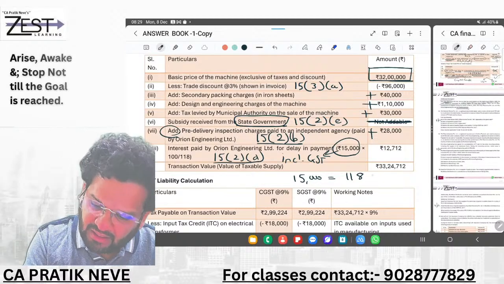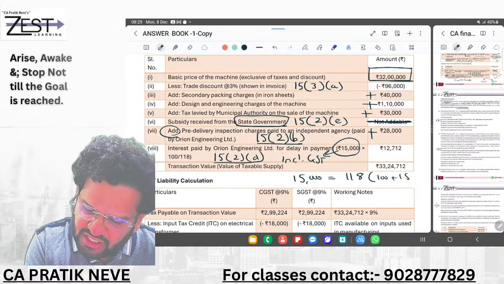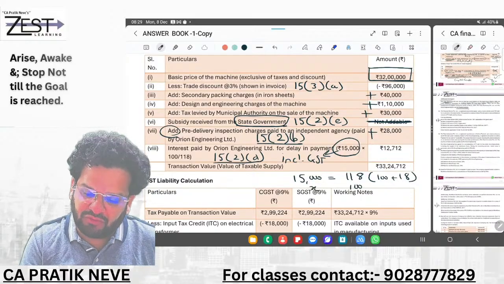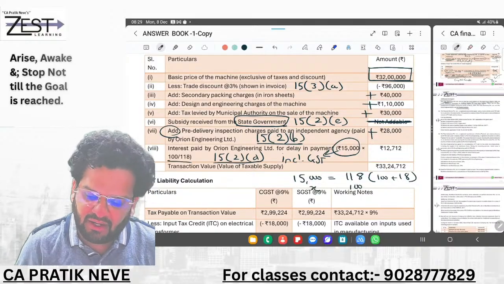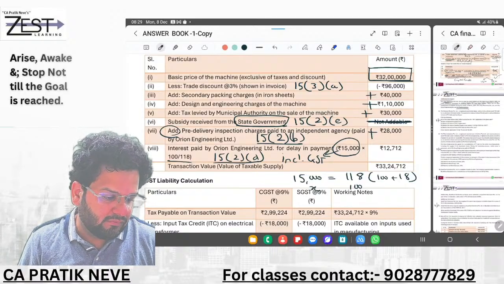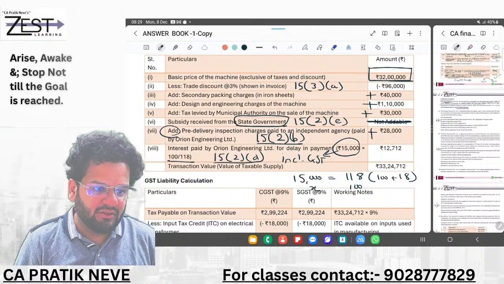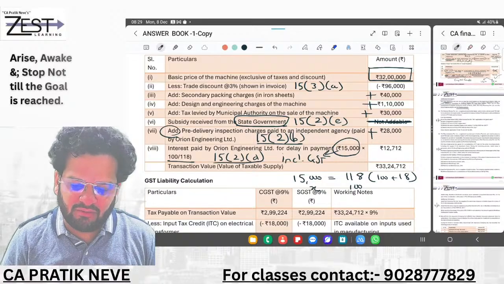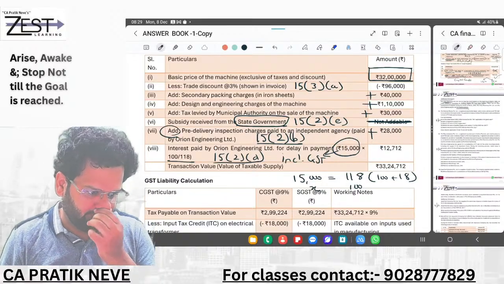Getting it? 100 plus GST. So 100 is how much? 15,000 into 100 divided by 118. We will add that and write it as an assumption that we have assumed that no separate GST is recovered on the interest part.